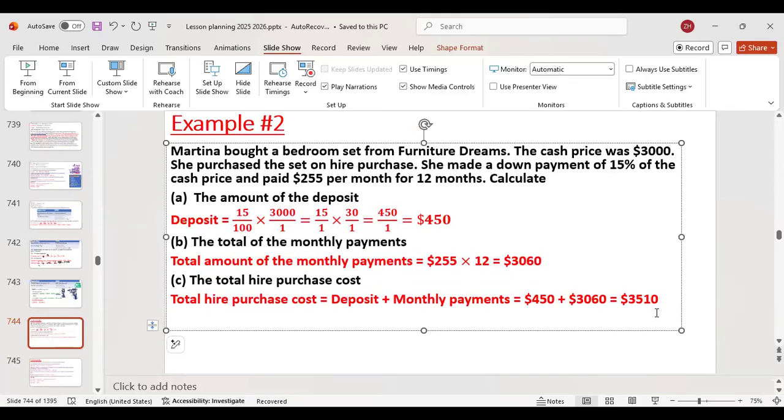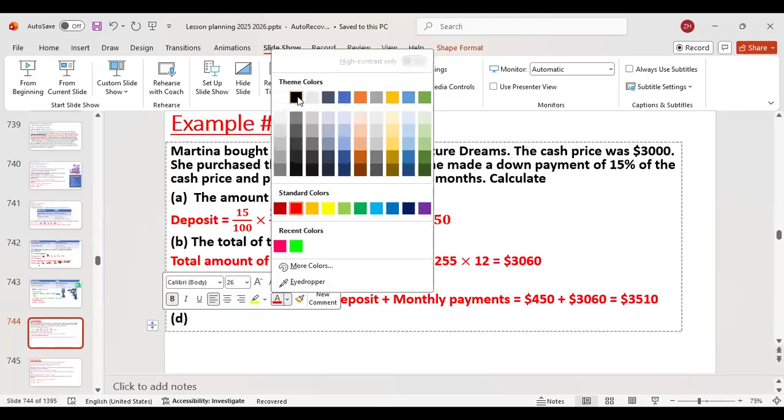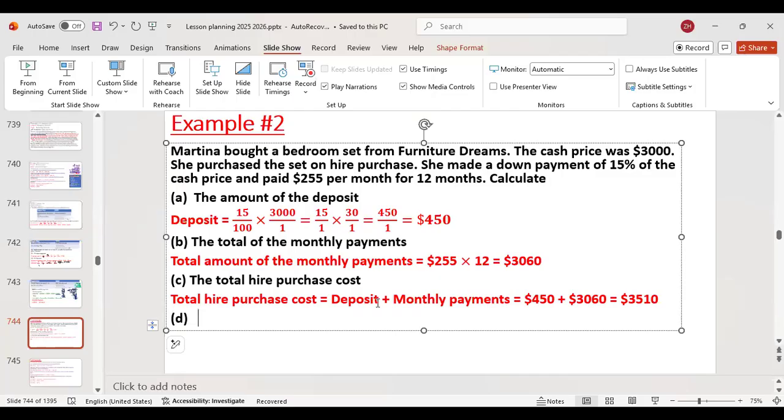Okay, that's that. Now, part A, B, C, D. So that's the total hire purchase cost. If she buys this on hire purchase, she's paying $3,510. So obviously part D is gonna ask, what is the amount saved if she paid cash?